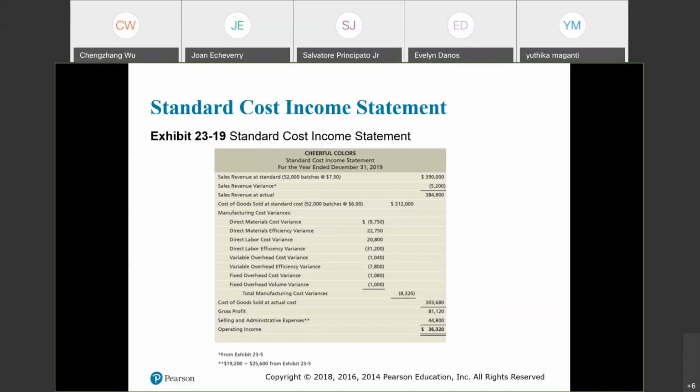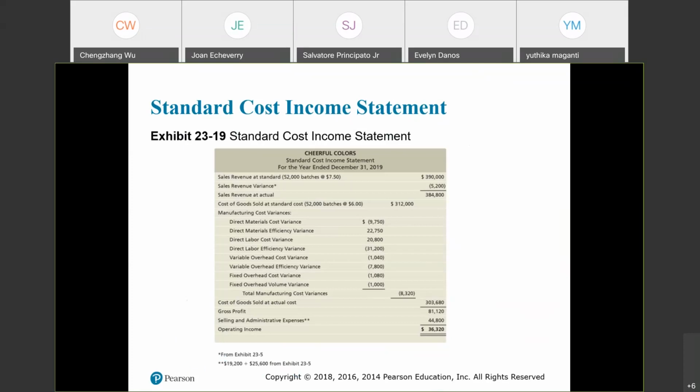The statement starts with the sales revenue at standard and subtracts the unfavorable sales revenue variance to yield the actual sales revenue. After this subtraction, a favorable sales revenue variance would be added. Next, the statement shows cost of goods sold at standard cost.